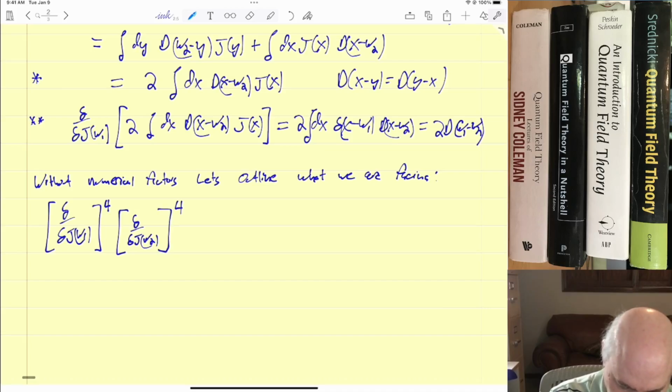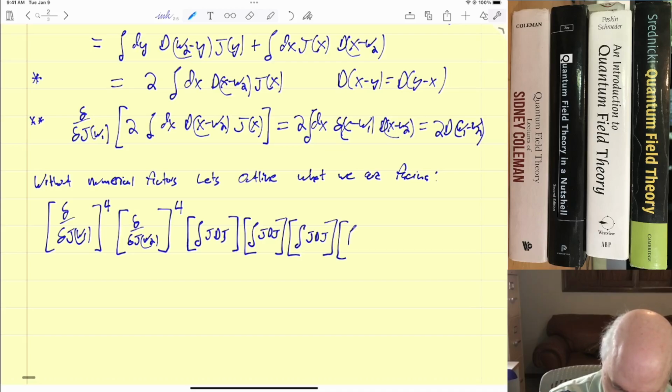And then we're going to have 6 terms. So I'm just going to write them out schematically: j d j, and 1 term, j d j, 2 terms, 3, 4, 5, and 6.